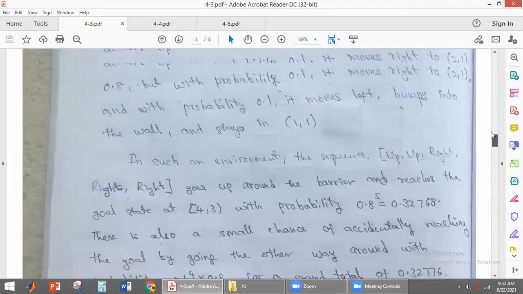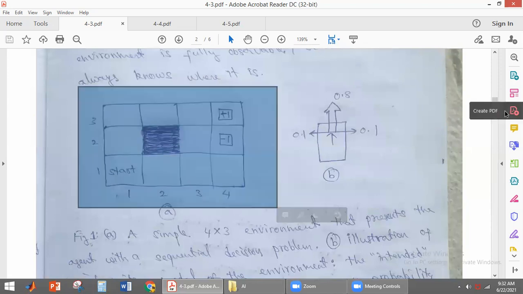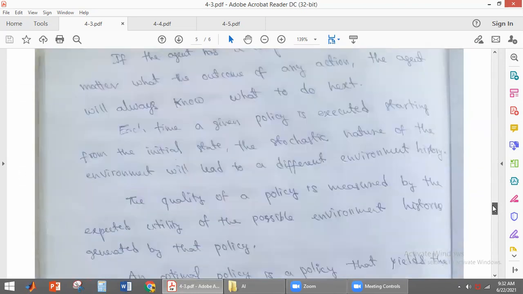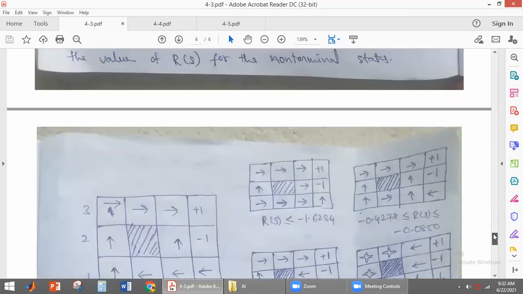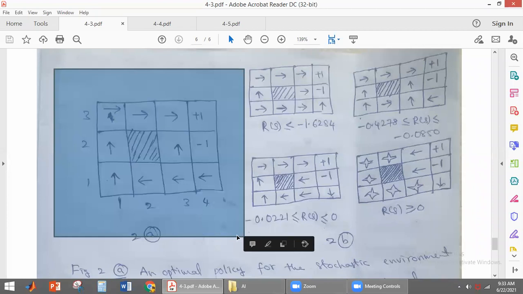Now, the figure we have seen here, students, is an example of a stochastic environment. For this figure, what is the optimal policy? It gives you where the agent will start, and the complete information about what actions it has to take at every state. That is called the optimal policy.